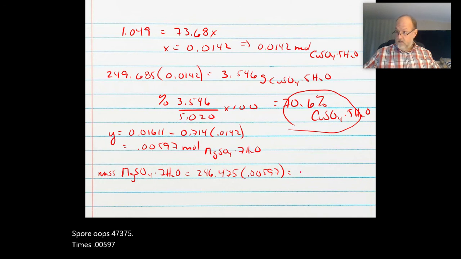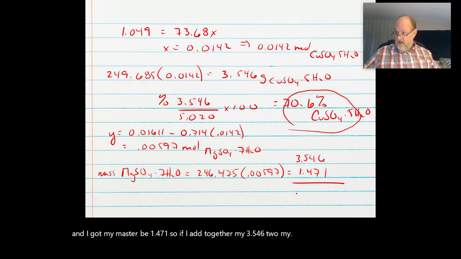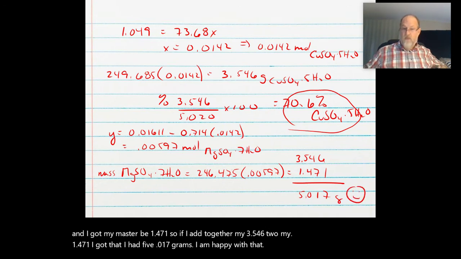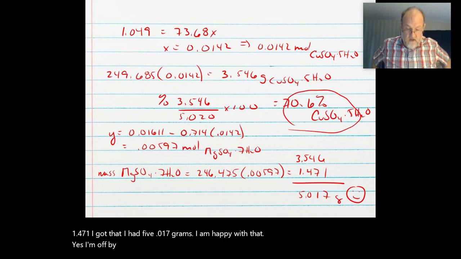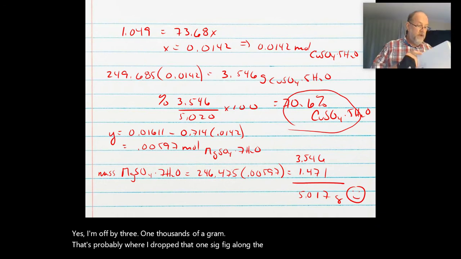And I got my mass to be 1.471. So if I add together my 3.546 to my 1.471, I got that I had 5.017 grams. I am happy with that. Yes, I'm off by 3/1000ths of a gram. That's probably where I dropped that one sig fig along the way, but I'm happy with the numbers.